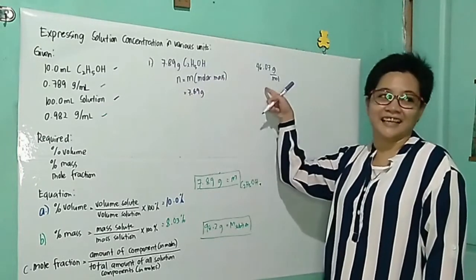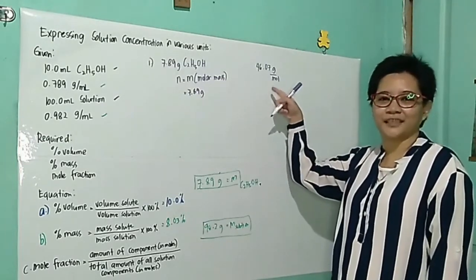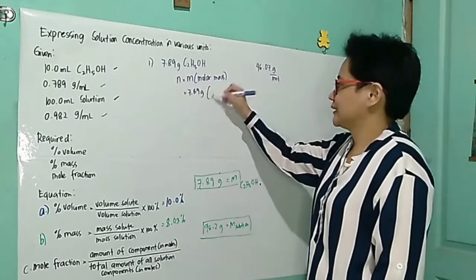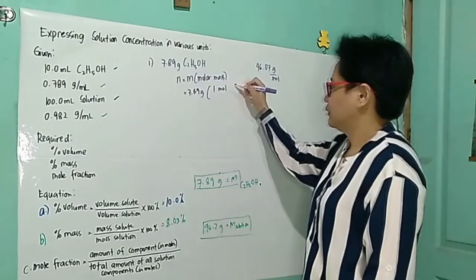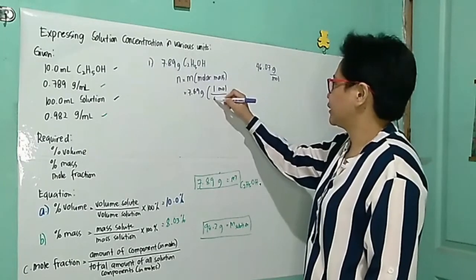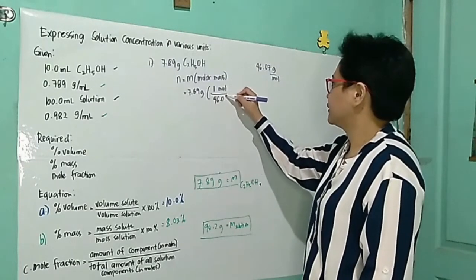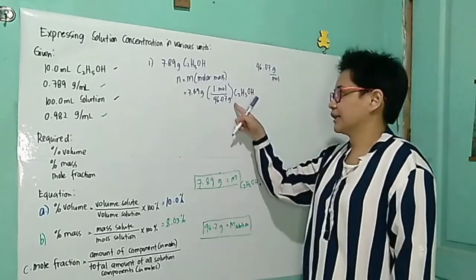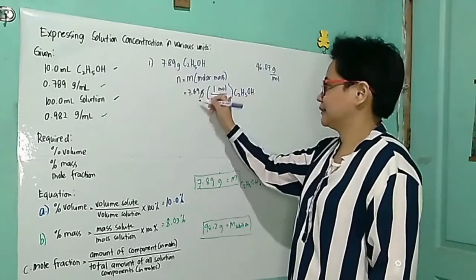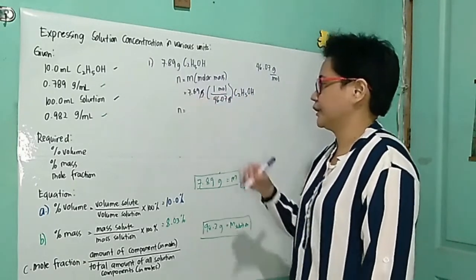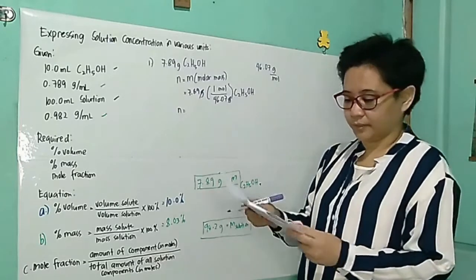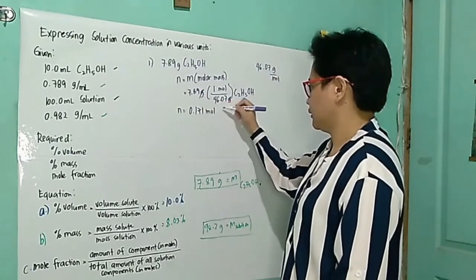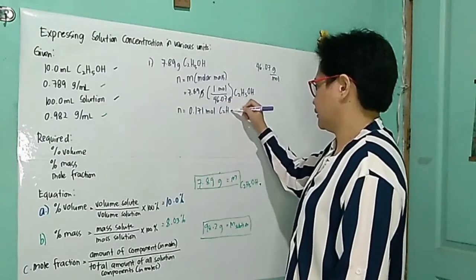We will use this as conversion factor so we can reverse this value as 1 mole over 46.07 grams of ethanol. So grams will be cancelled. You now have the value of your moles, which will be 0.171 moles of ethanol.